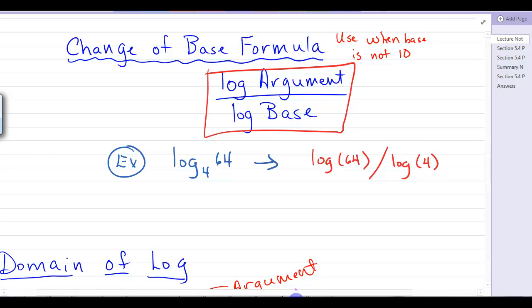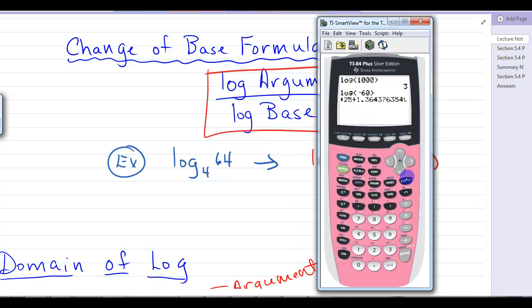You can do that on your calculator. You can do log 64, be sure you close, divided by log 4. And you get 3, and that makes sense. 4 to the third power equals 64. All right.